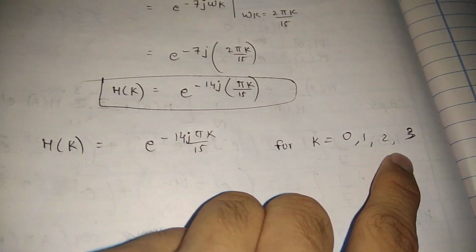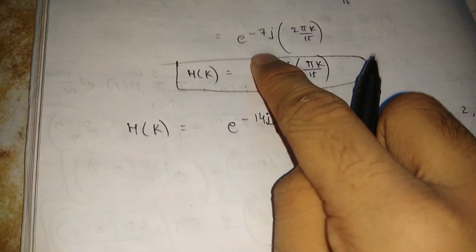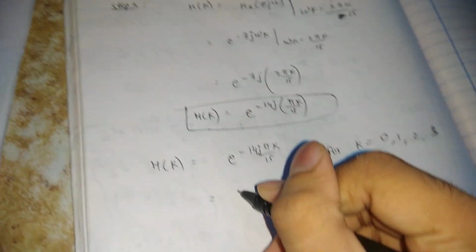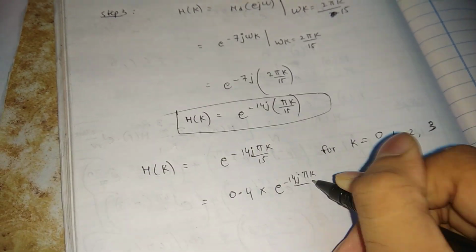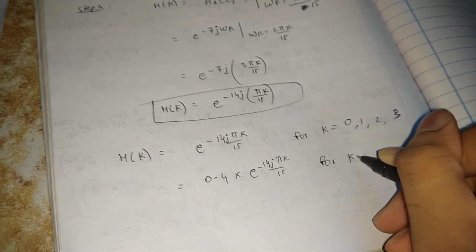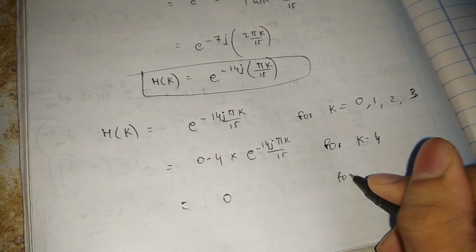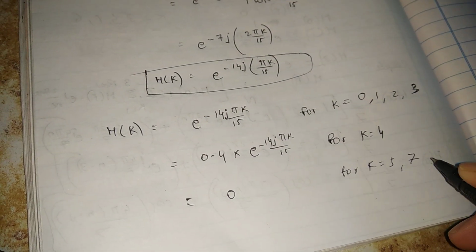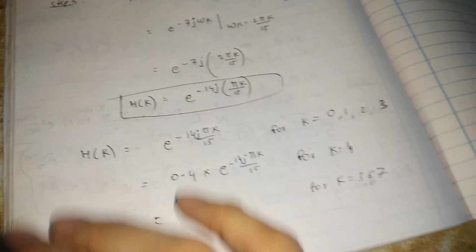Now again it is 0.4 for k is equal to 4. I will multiply this full thing with the 0.4 value. So 0.4 multiplied by e raised to minus 14j pi k by 15, and this is for k is equal to 4, and it is 0 for k is equal to 5, 6, 7, and 0 multiplied by this will be 0 for k is equal to 5, 6, 7.